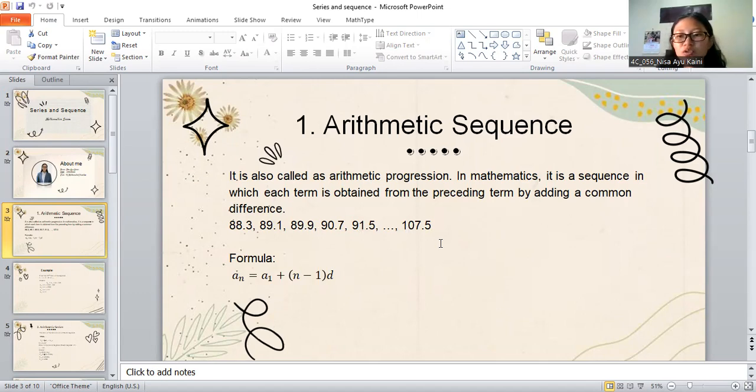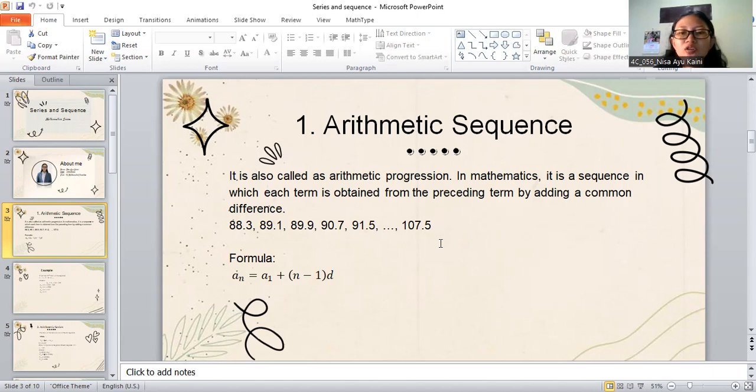All you need to do is go back to the definition of arithmetic sequence. We have here a common difference, a number which we use in order to identify that the given sequence or number pattern is arithmetic. How can we identify?